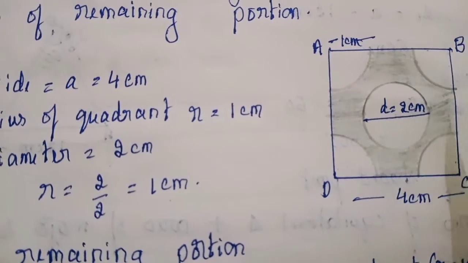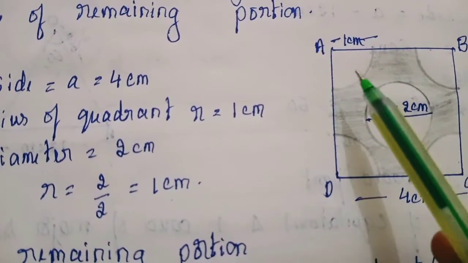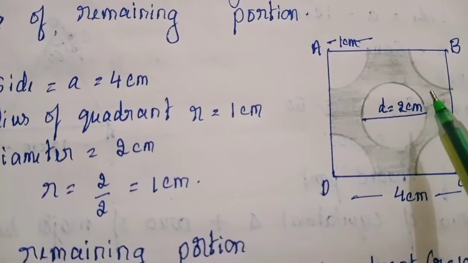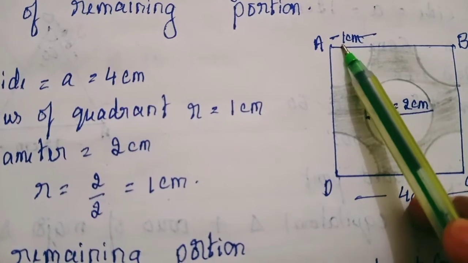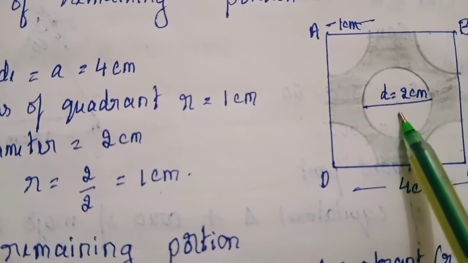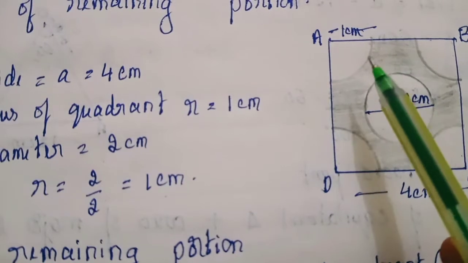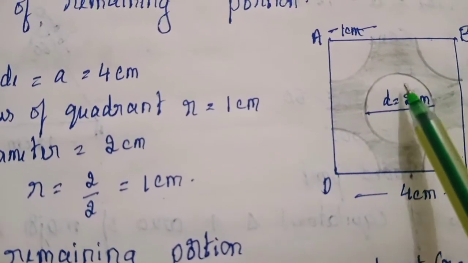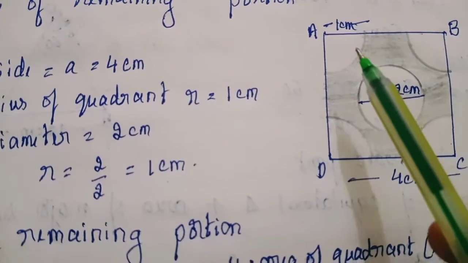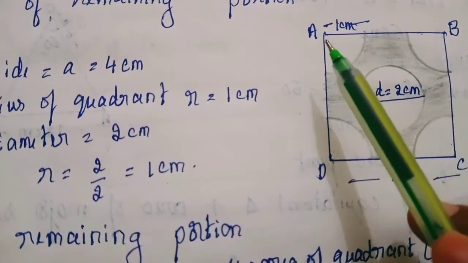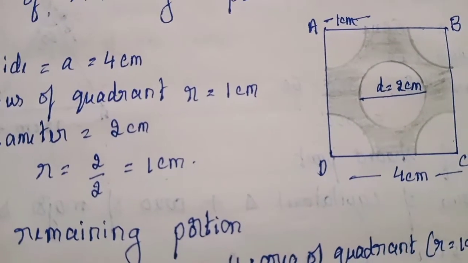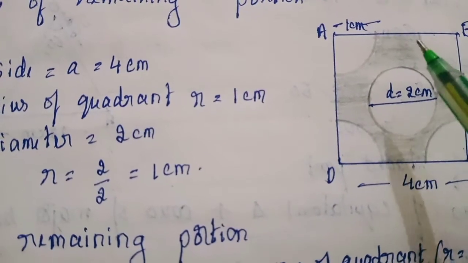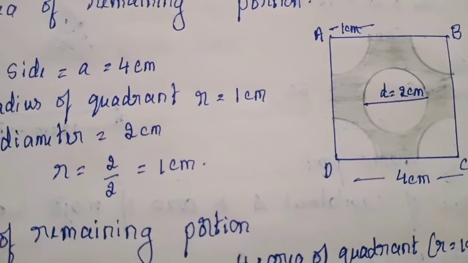These 4 quadrants together become 1 circle, and the quadrant radius is also 1 cm, and this circle radius is also 1 cm. So totally 4 quadrants together make 1 circle, and this is another circle. So, in other words, to get the shaded part, we first find the area of the square minus 2 times the area of a circle.